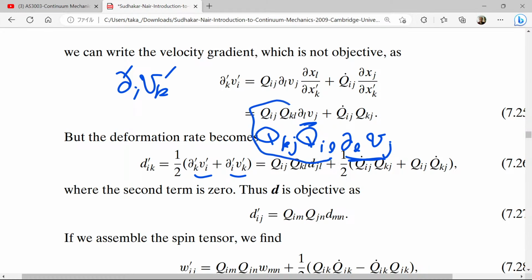Then you have i goes to k, q_kj, q_ij. Then l goes to i, j goes to k.